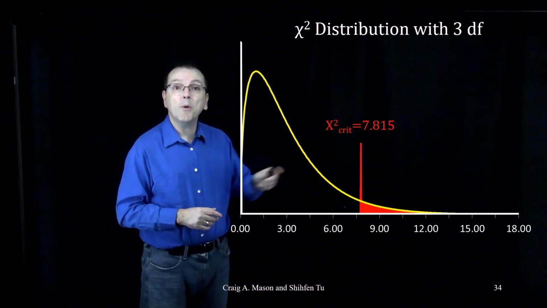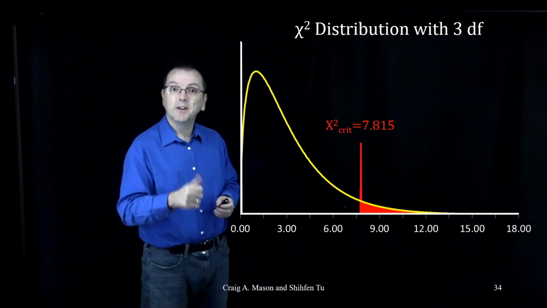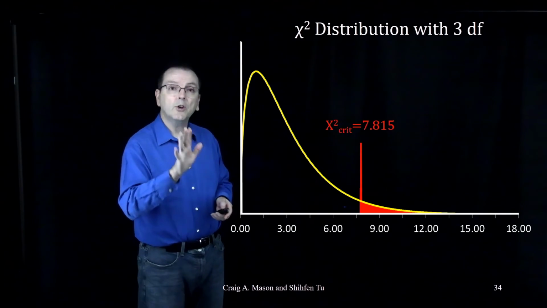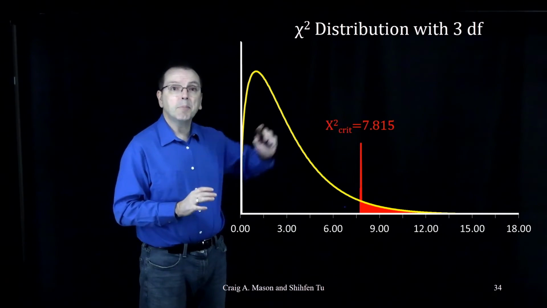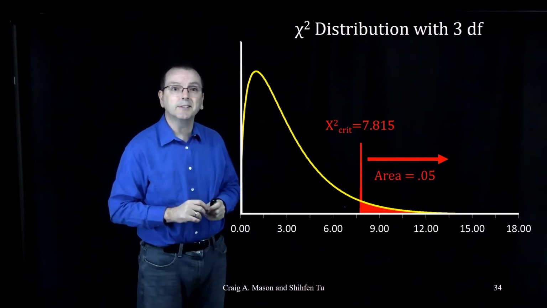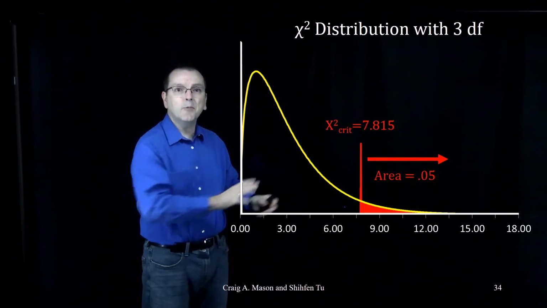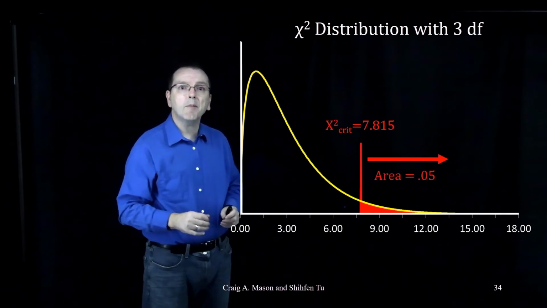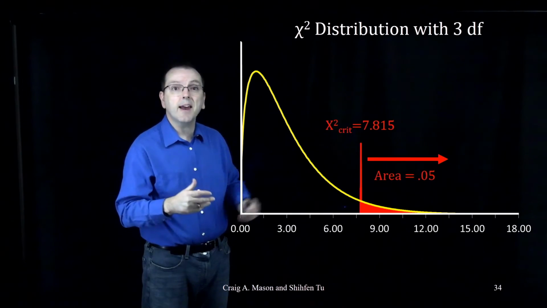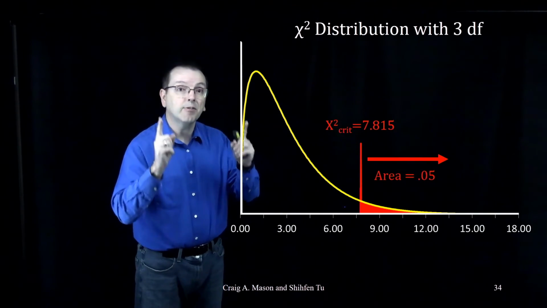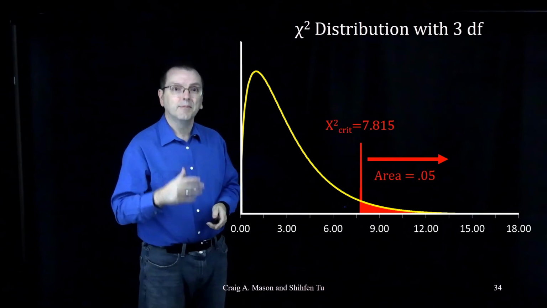Did you get 7.815? Remember, if alpha is 0.05, the critical chi-square is the value beyond which only 5% of the distribution lies. That's the shaded red area here, right? Only 5% of the time would we randomly get a chi-square greater than 7.815 if the null is true.